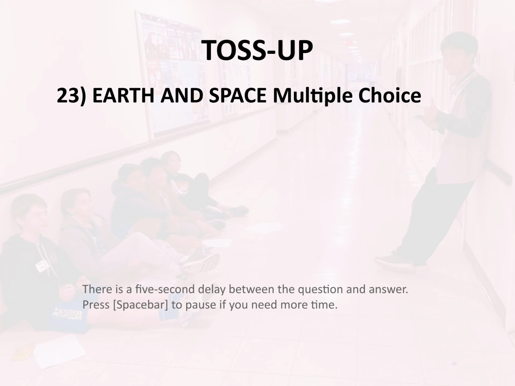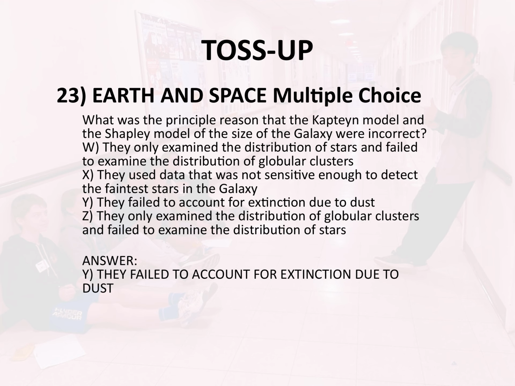Y. They failed to account for extinction due to dust. Z. They only examined the distribution of globular clusters and failed to examine the distribution of stars. Answer: Y. They failed to account for extinction due to dust.